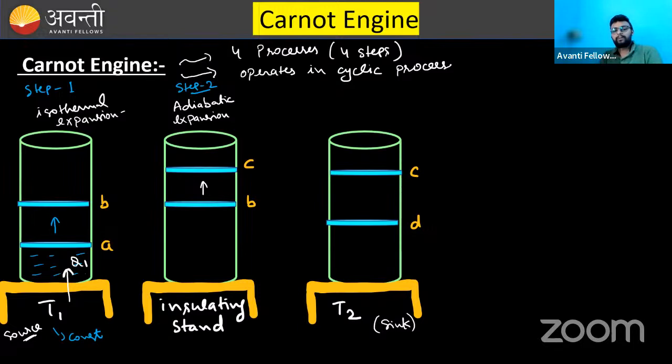During the compression, when you compress the gas from C to D, some heat is generated. And the heat which is generated is transferred to the sink. Let's suppose Q2 heat is being transferred to the sink.